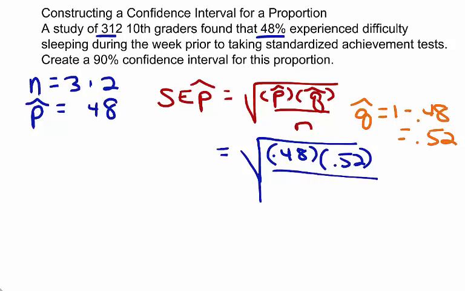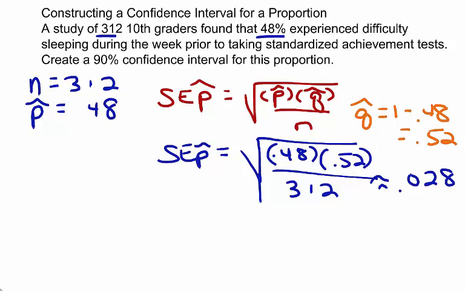We divide the product of p hat and q hat by our sample size, 312, and this gives us an approximate value of 0.028. That's my standard error for p hat.